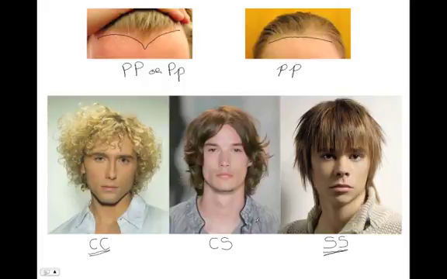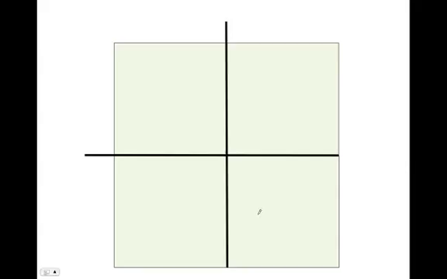So let's start making a Punnett square with this system. What we really have here is two traits that function independently of each other. So what we really have is two simple Punnett squares we're going to put together. So we're going to take our female. Let's pretend that she's heterozygous for curly hair, and our male is also heterozygous for curly hair.